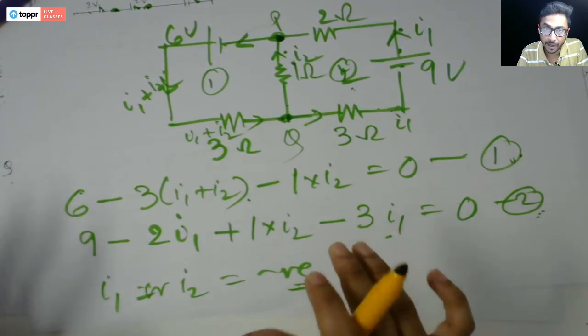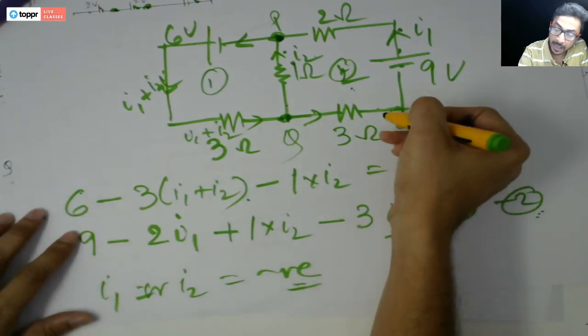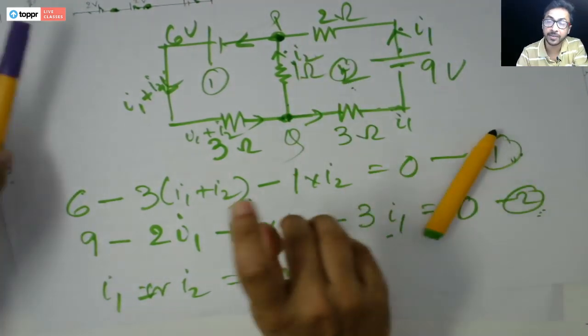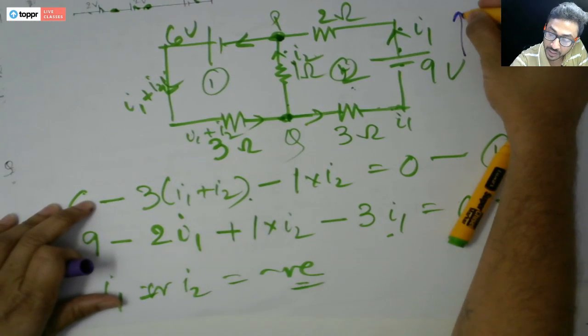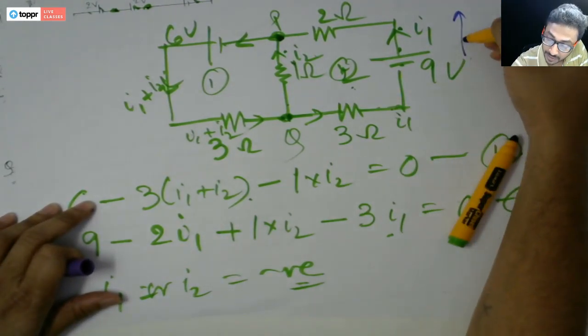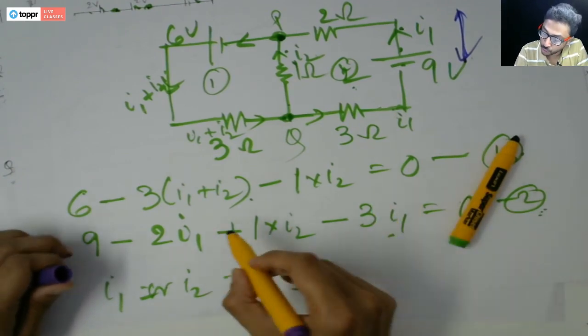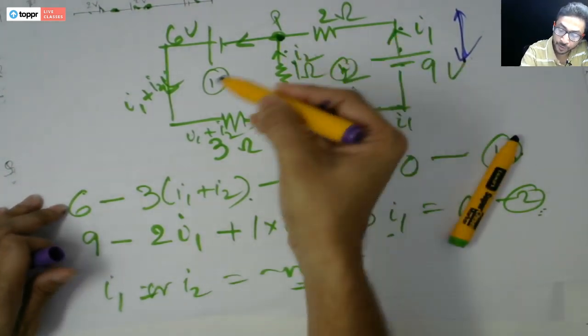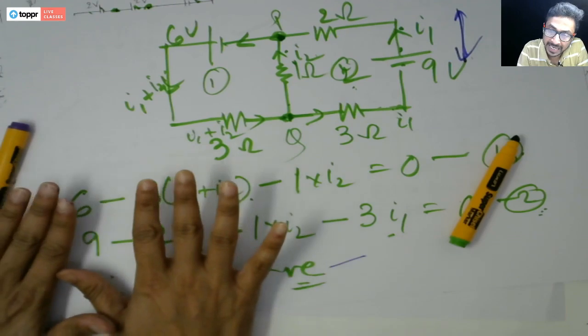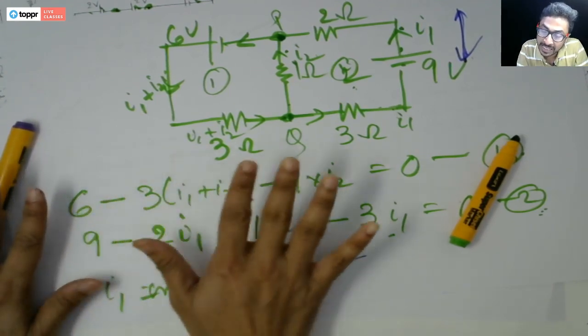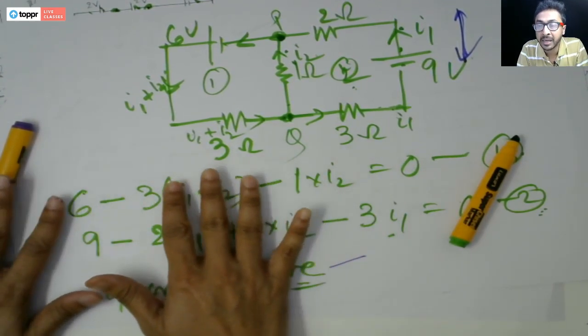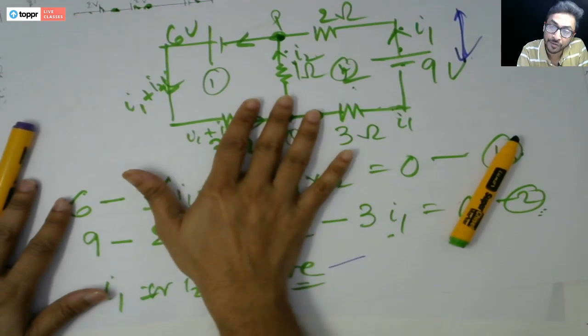We just need to understand that the actual direction is opposite to the direction we have taken. So nothing to worry. By applying KCL and KVL, we can easily find the answers to this kind of problem.